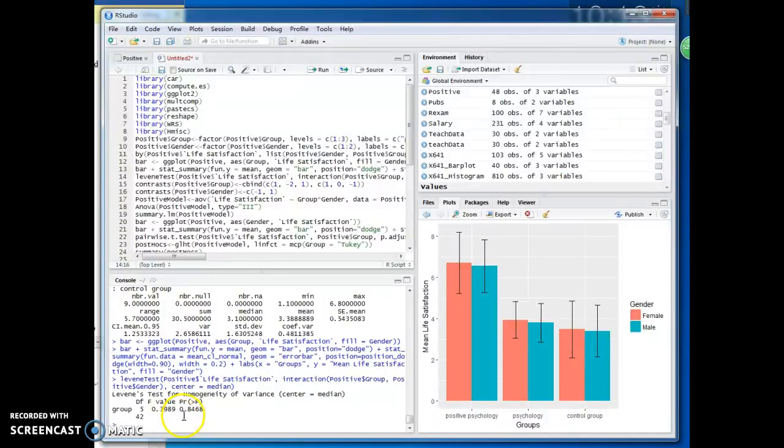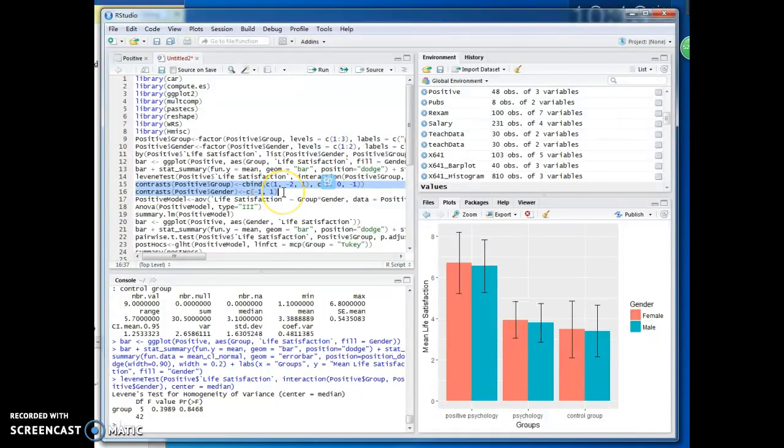So in other words, the variance among the 6 groups is roughly the same. So we can see that it's safe for us to run the ANOVA and the other next tests in the following.